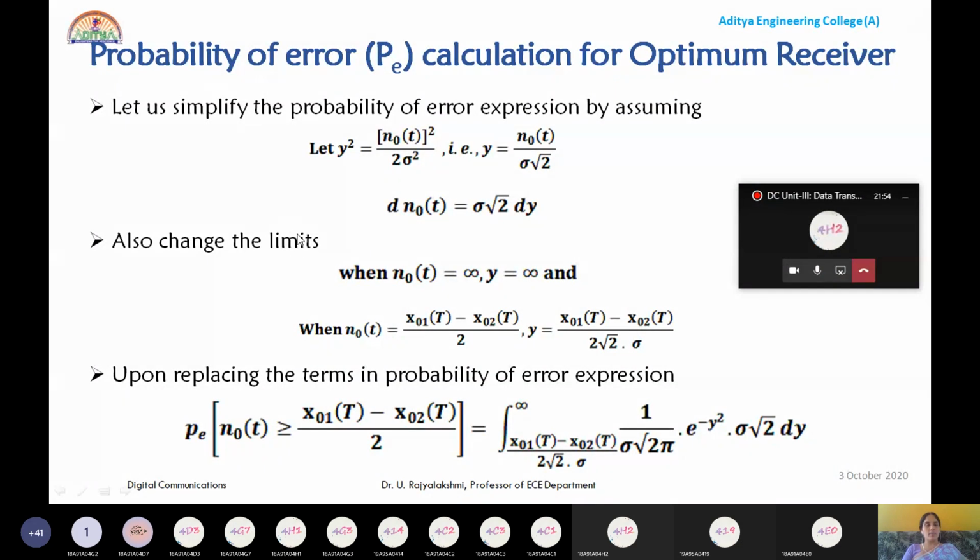Now please change the limits. Whenever the upper limit n naught of t is infinite, then y will also be infinite, because we are replacing the expression in the form of y.